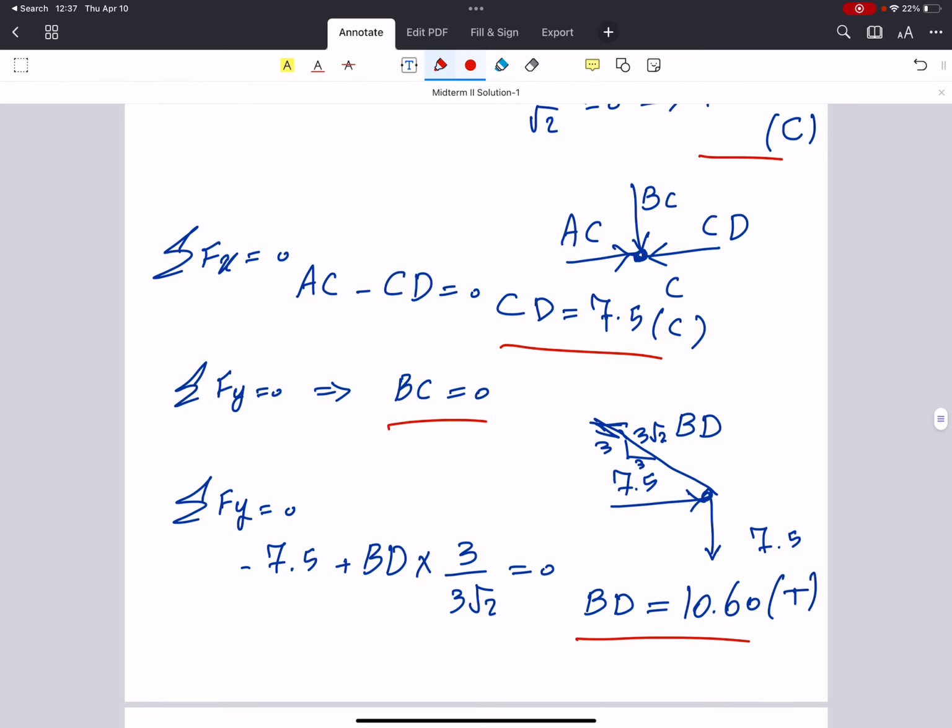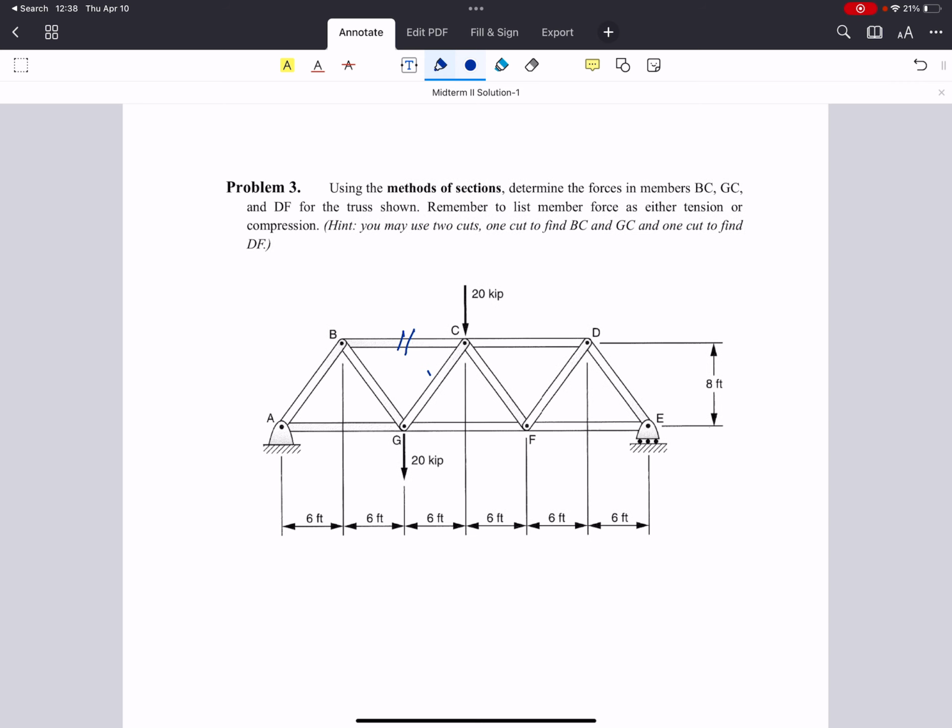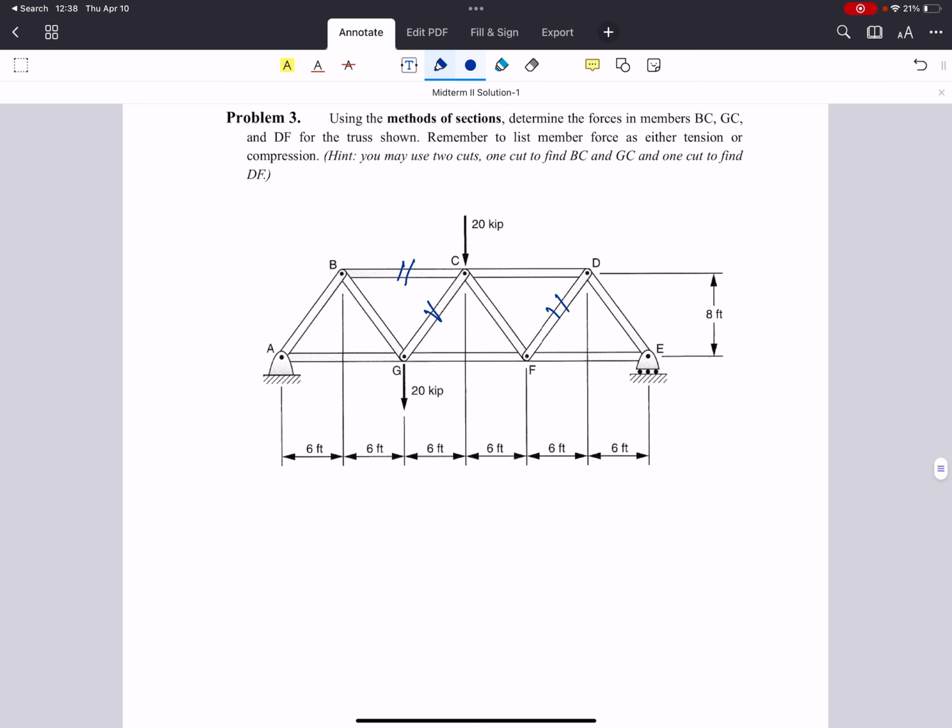Now let's go to the next problem. Okay, in this problem we need to find forces here, this one, and this one. So we have to solve the free body diagram. We solve for the support reaction here. We have AY. This is EY, right?